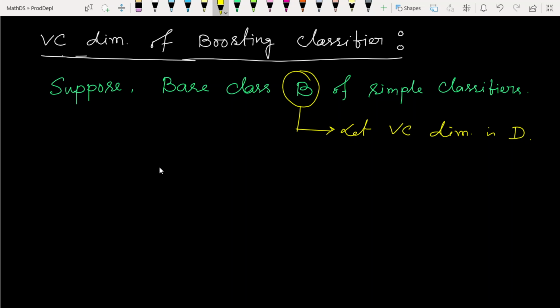Suppose we have taken T classifiers from this class. B is the set of simple classifiers.